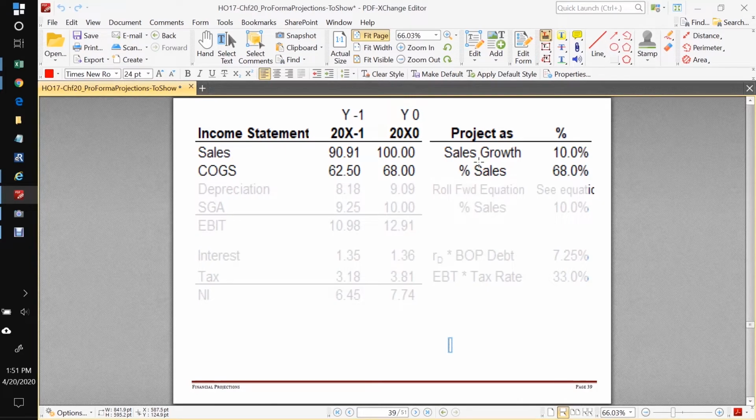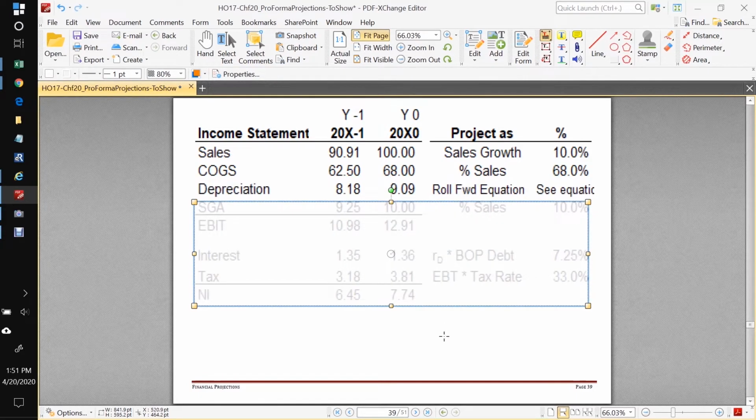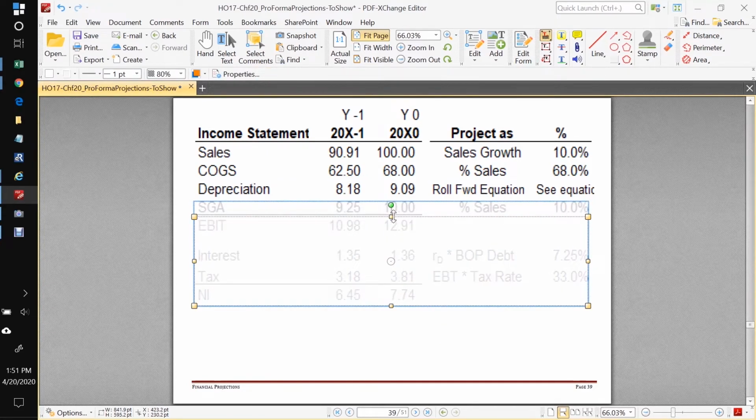Okay, so when sales grow by 10% into the first year we're projecting, that'll be 110 million in sales. We're going to expect COGS to be 68% of 110 million. And then with depreciation, that's part of our PPE roll forward equation, so we'll project depreciation with that.